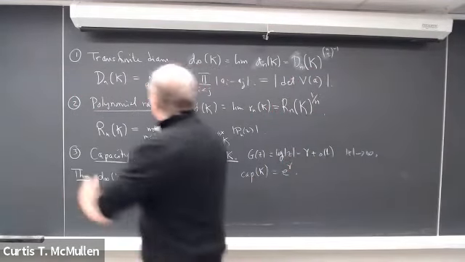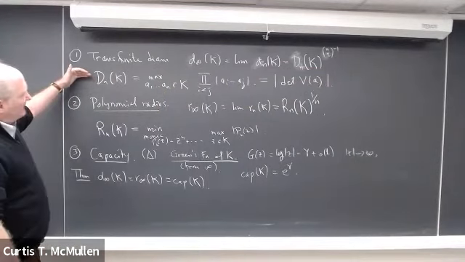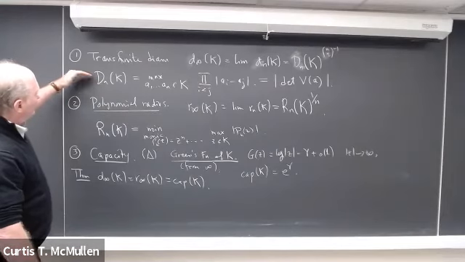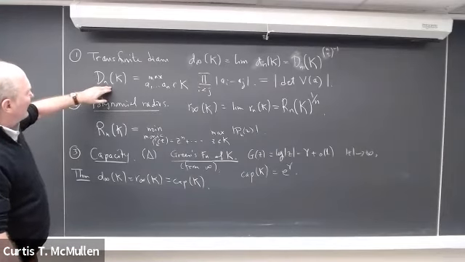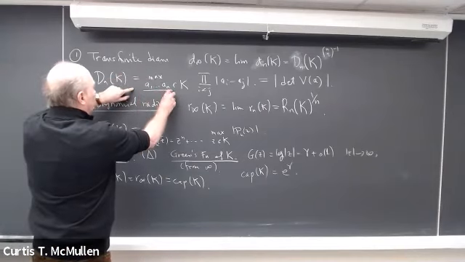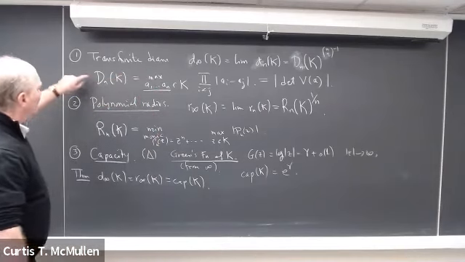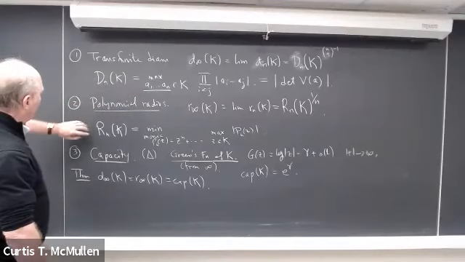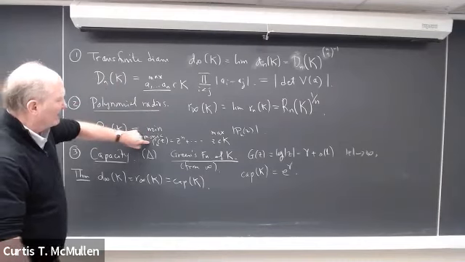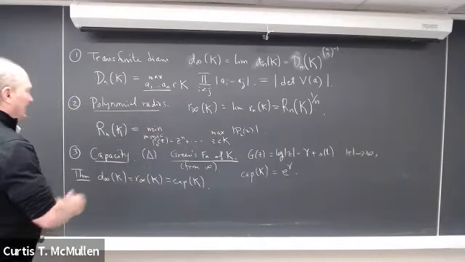The first thing I drew your attention to was the fact that the dn is good for getting lower bounds, because any particular choice of these points gives a lower bound on d infinity. Similarly, Rn is good for getting upper bounds, because we take the minimum over polynomials. So any particular polynomial gives us an upper bound.